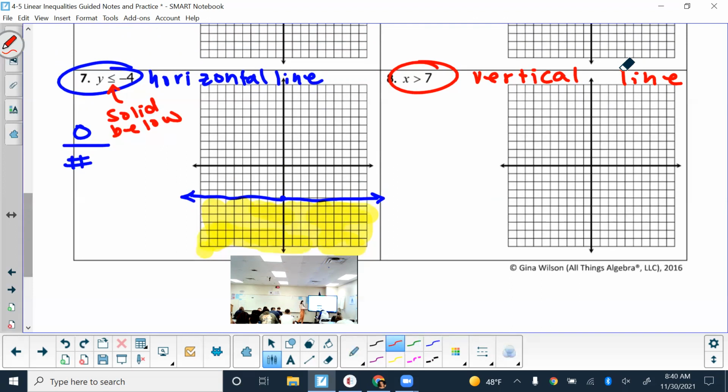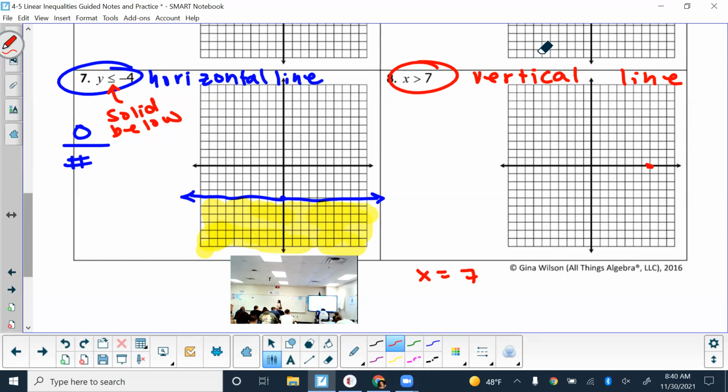Normally it would be x equals 7, we would be drawing a line where all the x values are 7. So look at your x-axis. Where would 7 be? To the left or to the right of the origin? Good, so find 7. It would be here. And we need to draw a vertical line through that.